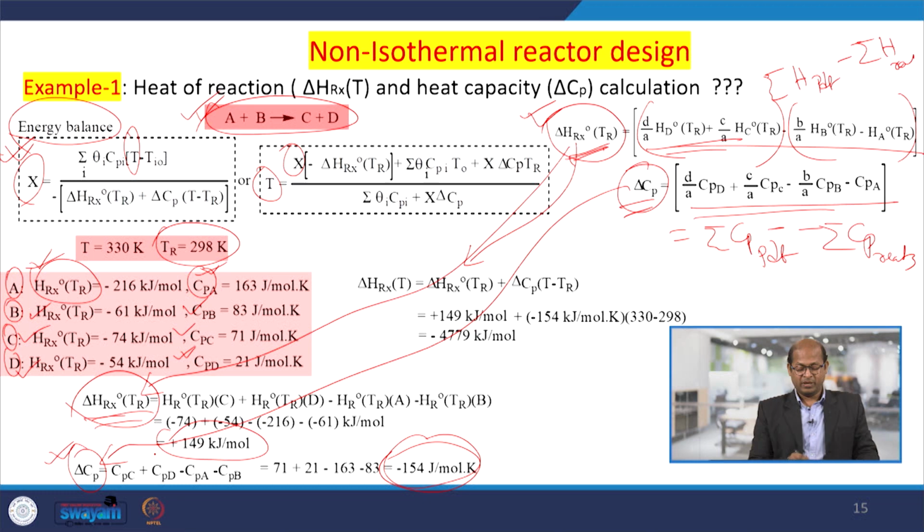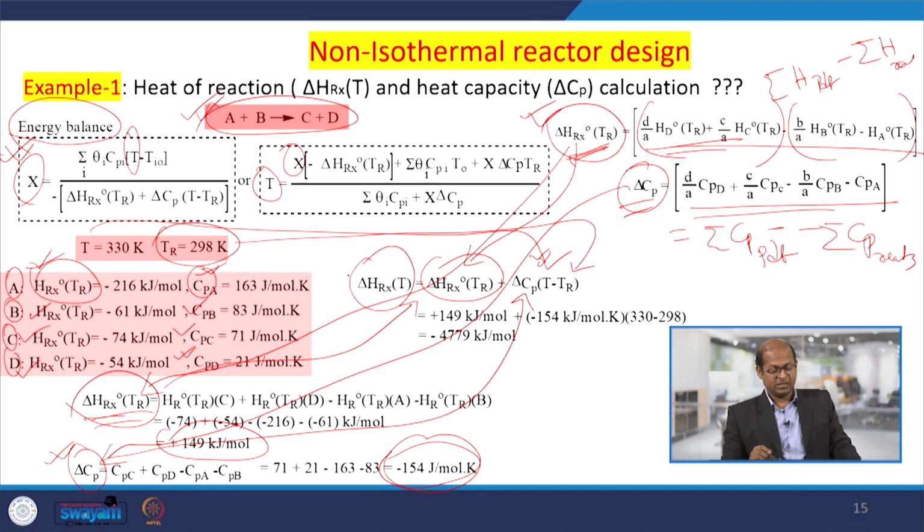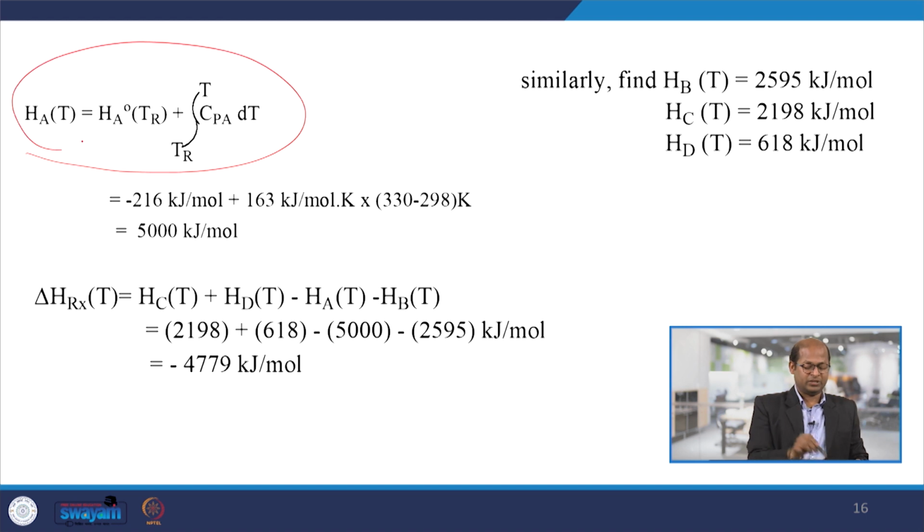So, the numerical value we can find this way, or else we can put here the heat of reaction we have obtained and the delta Cp value, and the temperature T, let us say 330 Kelvin, where we want to know it. With the reference temperature Tr given, we can find the heat of reaction. Or we can use these equations: the individual component heats of reaction given at the standard reference temperature can be found at temperature T, and then we sum them, products minus reactants.